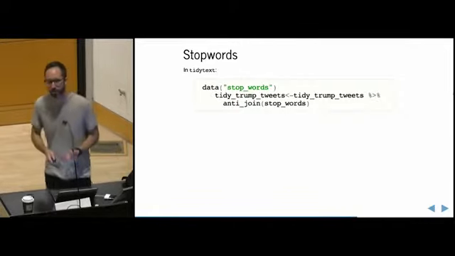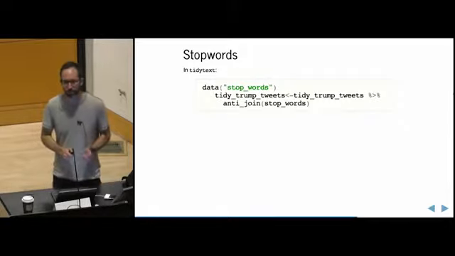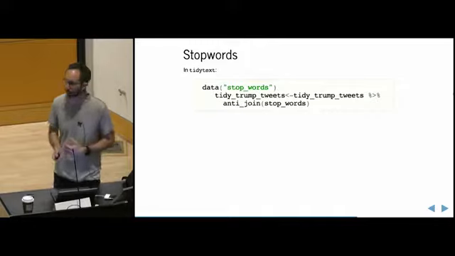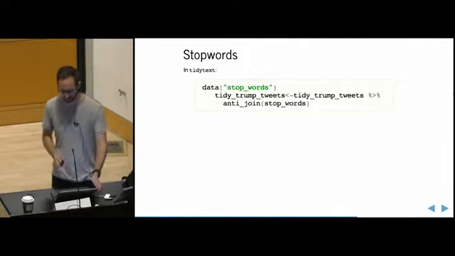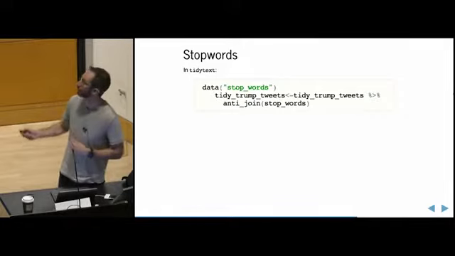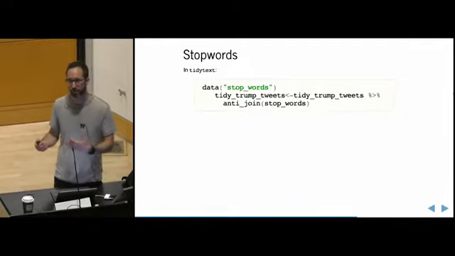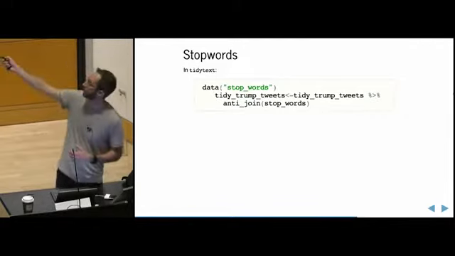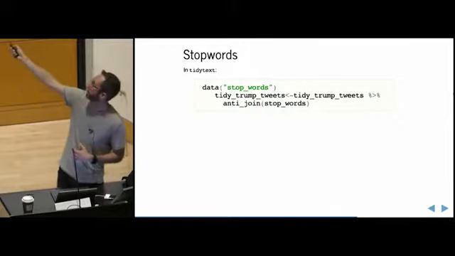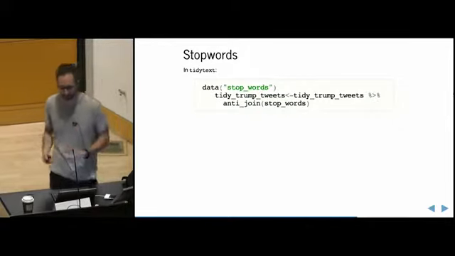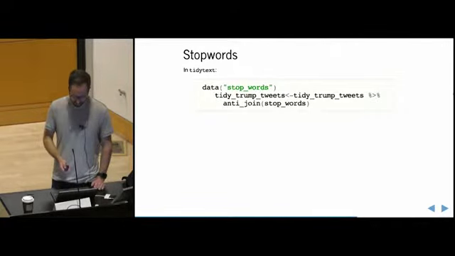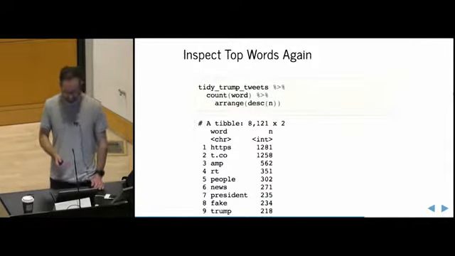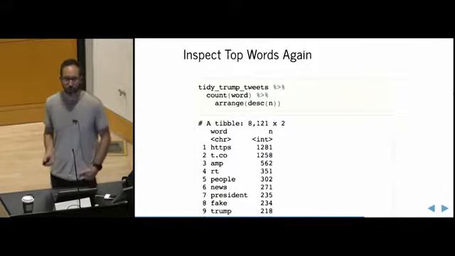If you're not very familiar with pipes, and this is your first time seeing them, I promise they get a little easier as you begin to work with them a bit, but maybe come back and try to work through this later rather than getting too focused on what's going on in this code. Essentially, we're doing a dplyr style merge that we could have written out in individual lines of code, but we're using pipes as a kind of shorthand to arguably make our code more elegant and efficient. So now we can inspect the top words again.